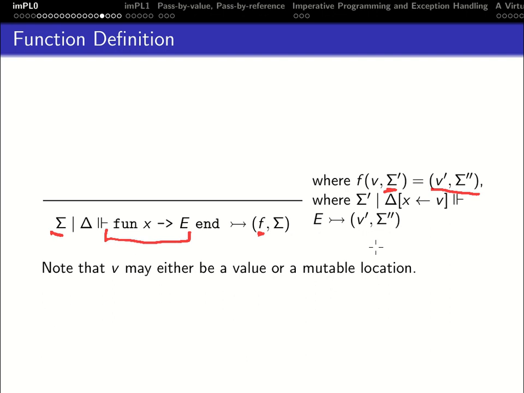The added condition is that if I take this sigma prime and I take an environment where x maps into v, right, the denotation of E must be v prime sigma double prime, right? So I have to produce a functional value, right?